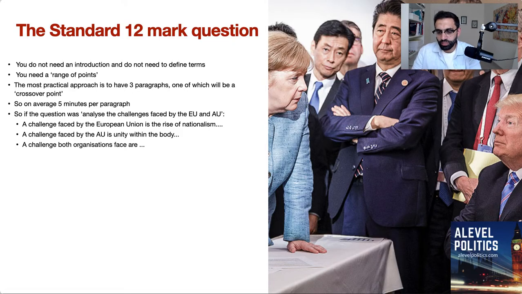For example, you could say a challenge they both face is the growing power of China and how that's impacting the way these organizations or these institutions relate to China, okay? That's a crossover point, and you can give an example from the EU and an example from the AU if you've got those examples, right?